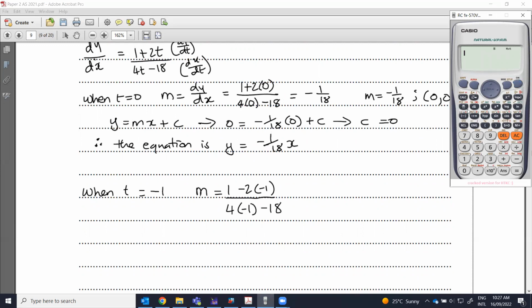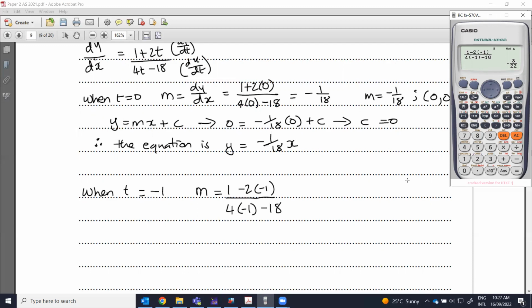So I have a fraction: 1 minus 2 times bracket minus 1 in the numerator, and in the denominator I have 4, open bracket, minus 1, minus 18.